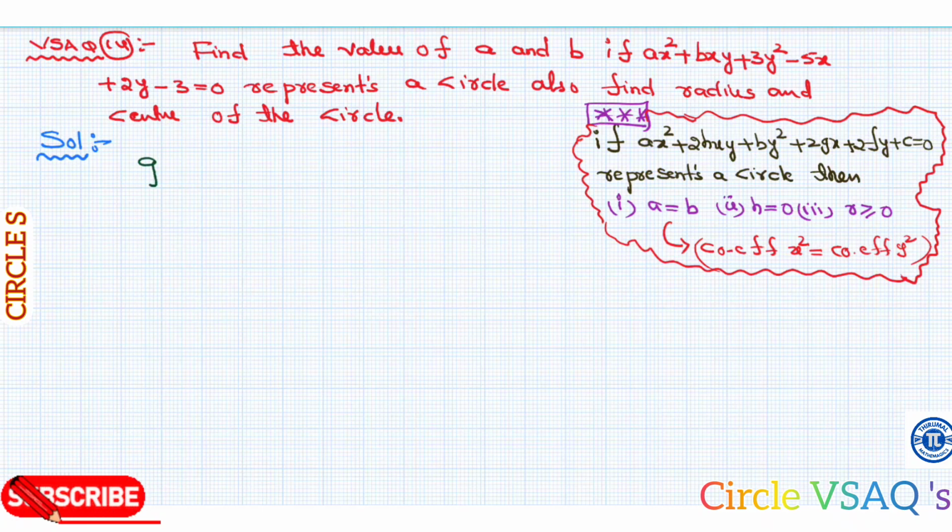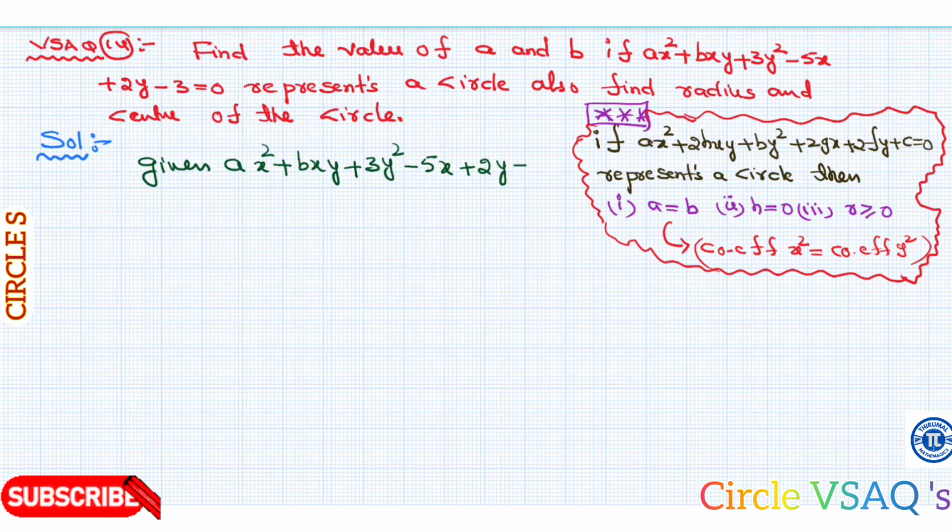Here the given equation is ax² + bxy + 3y² − 5x + 2y − 3 = 0. From the first condition, the coefficient of x² equals the coefficient of y², and the coefficient of y² is 3, so a = 3. From the second condition, the coefficient of xy must be 0, so b = 0.